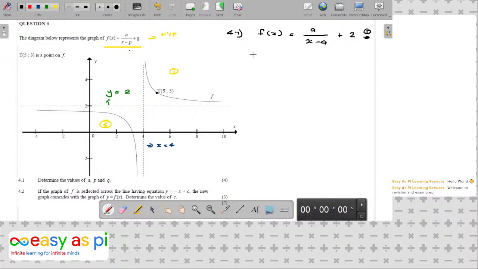Now, once we have this, the next thing we've got to do is substitute the point that we have. So we substitute the point T(5;3). Remember, this corresponds to x, and that corresponds to y.